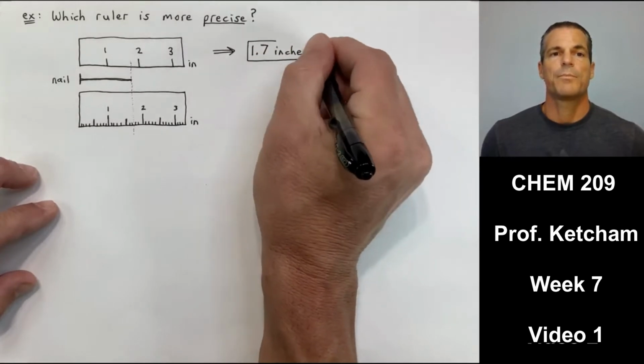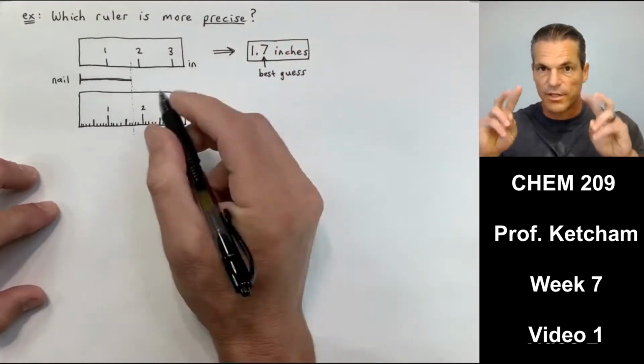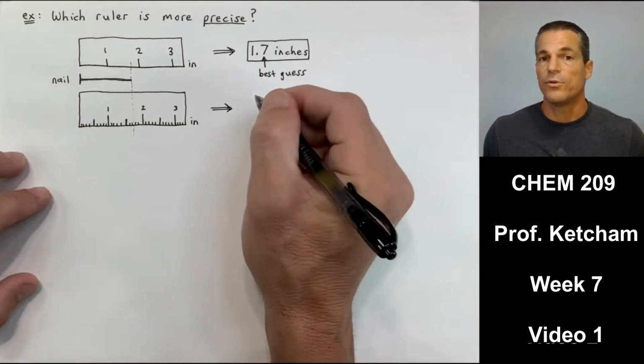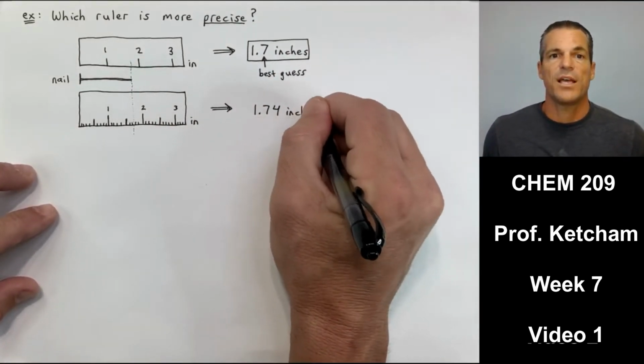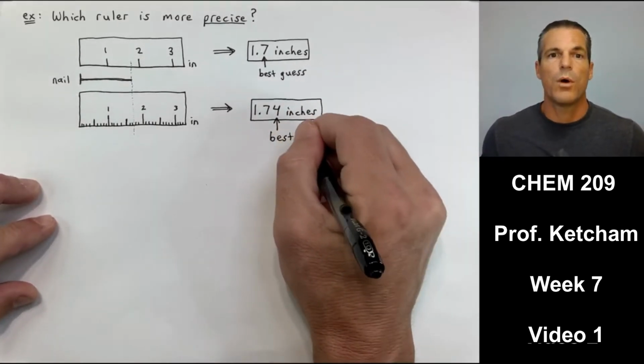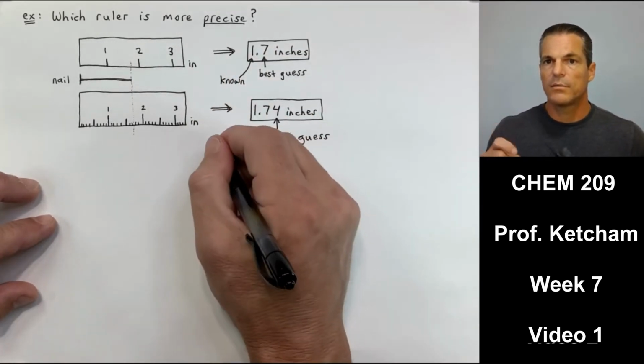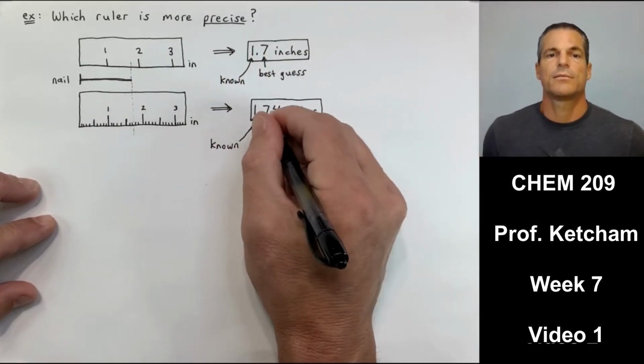For example, in the top ruler, I know for a fact it's in between 1 and 2 inches. So I say 1 point, and then my best guess was 7. So 1.7 inches. How many digits are there? 1.7, 2 digits, okay?